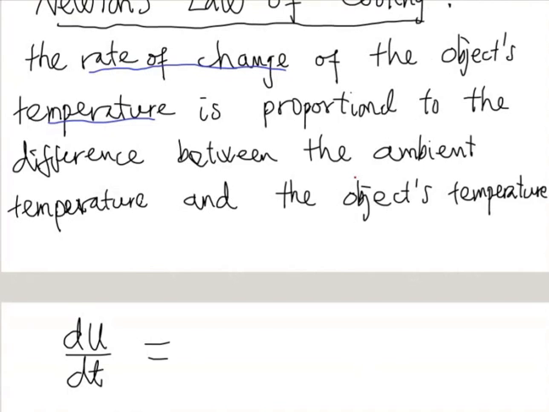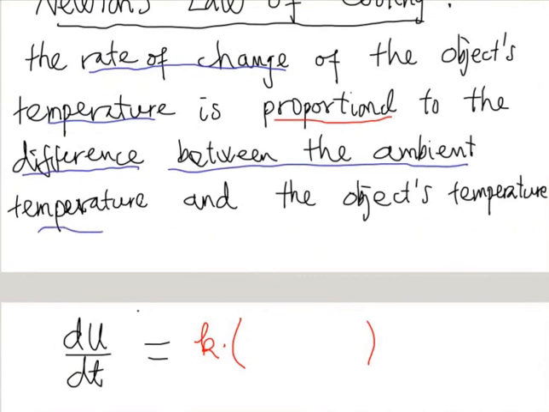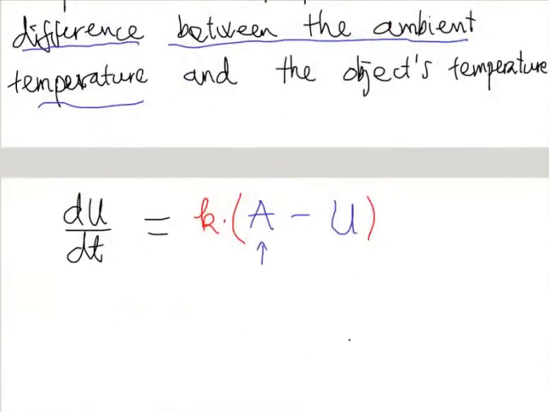Proportional means we have a constant times, proportional to what? Proportional to the difference between the ambient temperature. Ambient temperature means temperature of the room or temperature of the surroundings. I will denote this by a, difference, a minus the object temperature, which is u. So this is the formula where here a is ambient temperature.